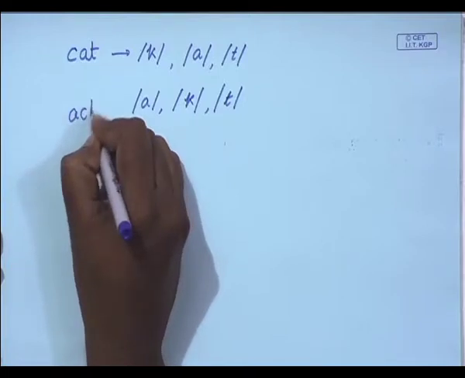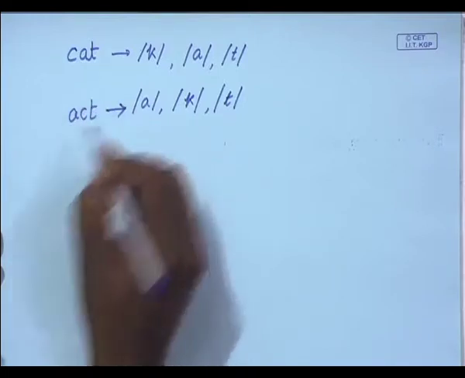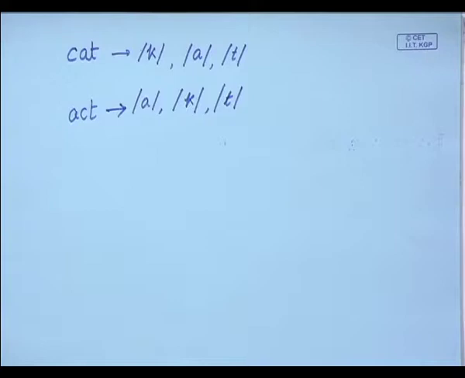So, the word that I pronounce in this case is act. Though the phonemes are the same, they are uttered in a different sequence in time. As the same phonemes are uttered in a different sequence in time, the word that is being pronounced itself changes.